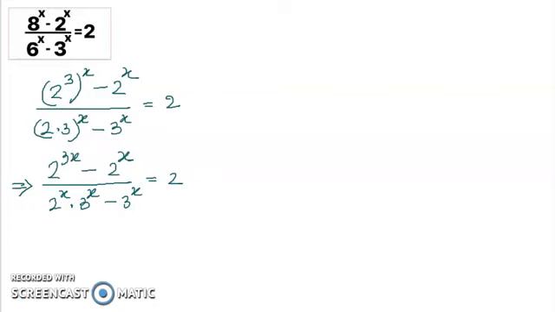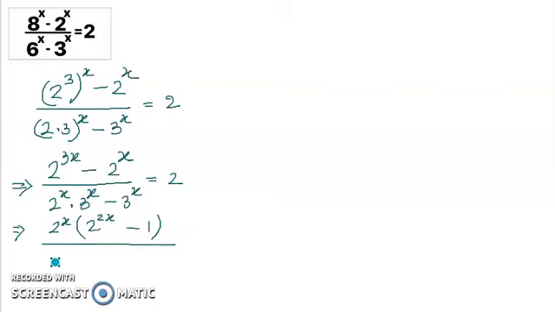Now we can take 2^x common. So the next step would be, we can write it as 2^x, and we are left with 2^2x, 2x plus x is 3x, minus 1, all over.